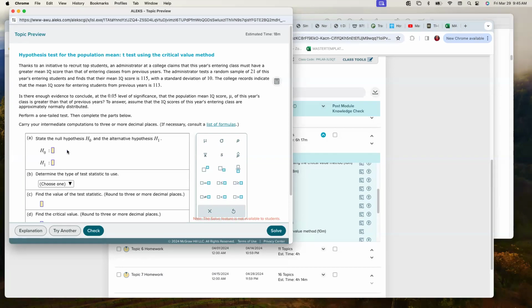So setting this up, obviously we're going to do the same deal here. We want to have the old one, which is mu equals 113. And also we want this one to be greater than, so I am going to come down here and select mu greater than 113.